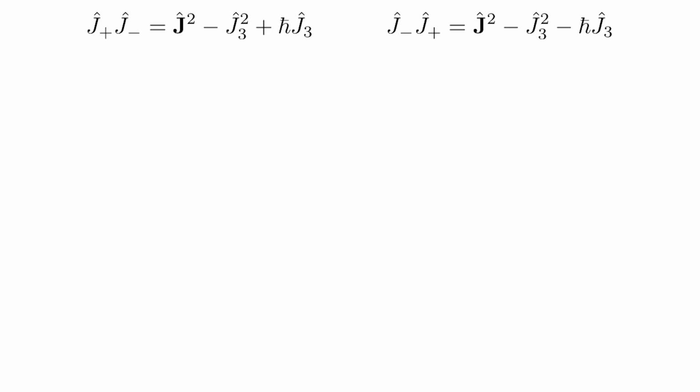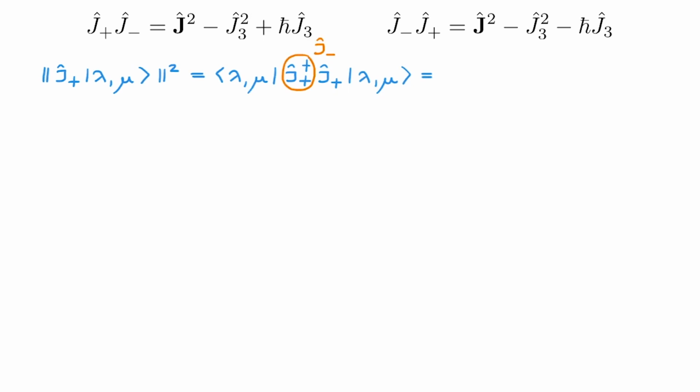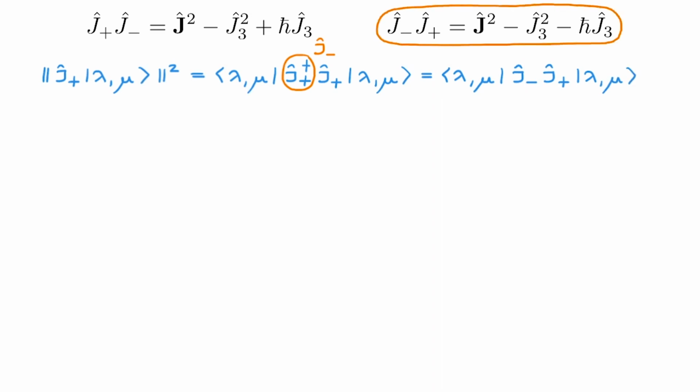If we start with the raising operator, then let's consider the norm of j plus |λ, μ⟩. By definition, this is equal to this. And the adjoint of j plus is simply j minus, so we can rewrite it like this. And using this expression above, we can rewrite j minus j plus in terms of j squared and j3, and we get these three terms.